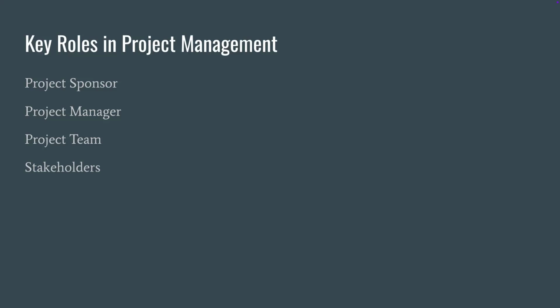And effective project management requires understanding the influence, interest, and requirements of all these roles. So engaging the right people at the right time can be the difference between a project's success and failure.